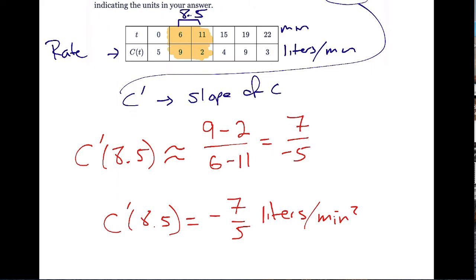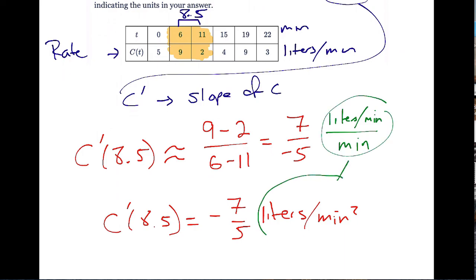Another way of coming up with that is to think about what the numerator is. The numerator is liters per minute, and the denominator is in minutes. Together, that's liters per minute squared.